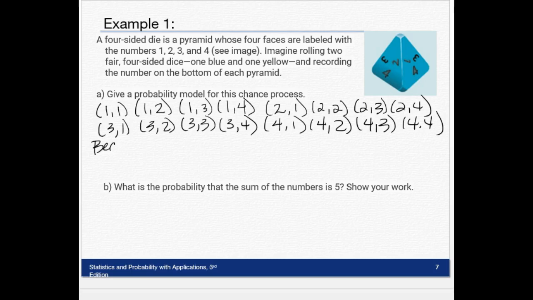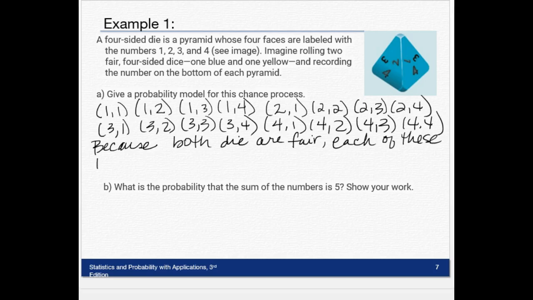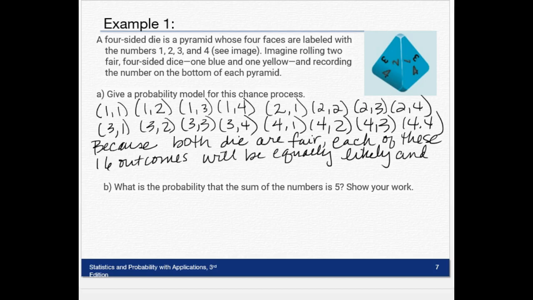So we would say because both the dice are fair, each of these 16 outcomes will be equally likely and have a probability of 1 out of 16. All right? We know that because it's a fair die and there's 16 outcomes.